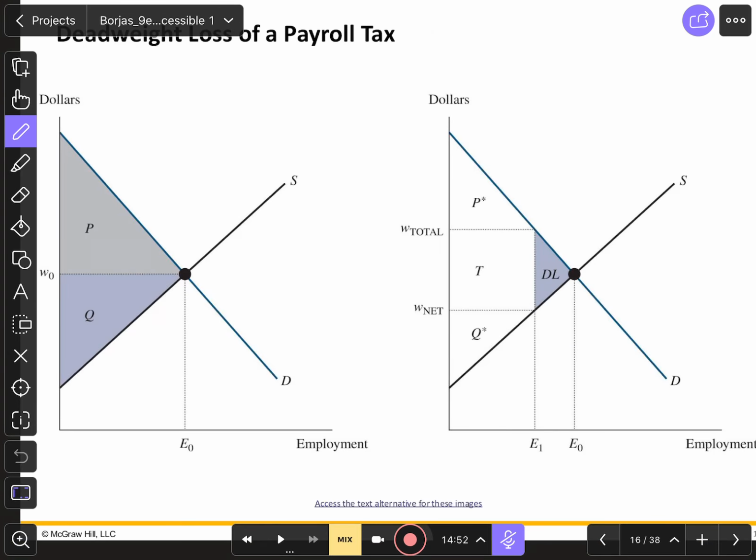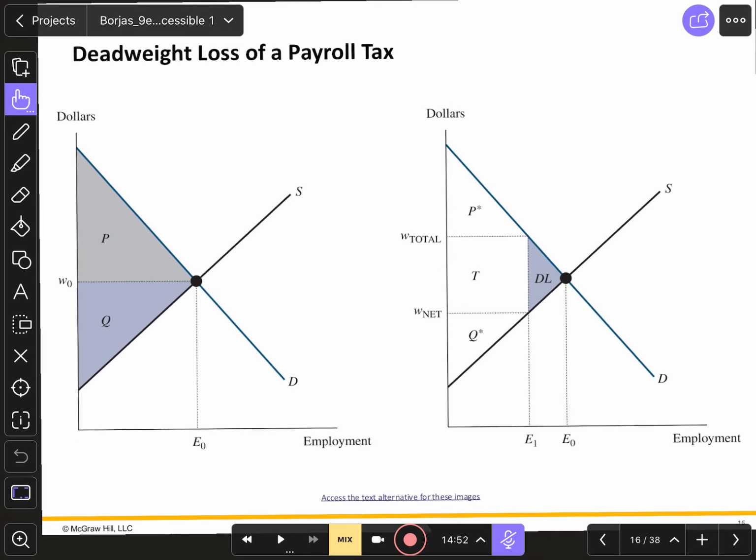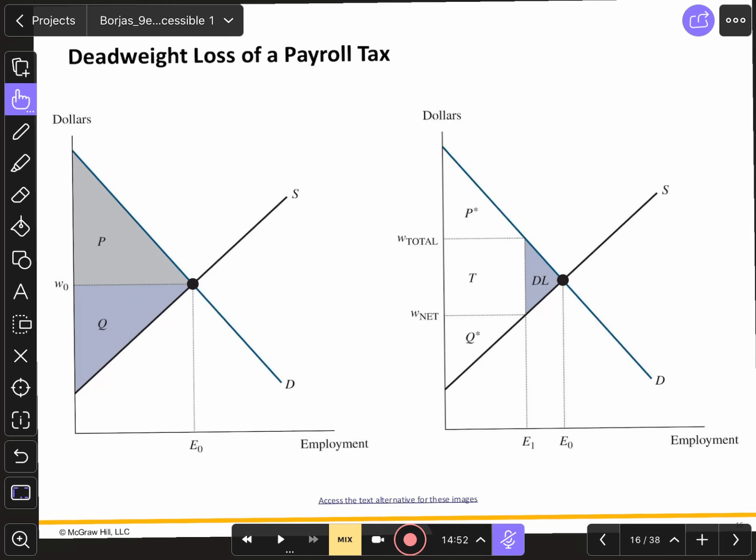The deadweight loss is shown in the graph on the right. What we have here is this graph on the left. We already discussed it. We discussed the producer's surplus, which is this gray triangle. We discussed the worker's surplus, which is this Q triangle, right?